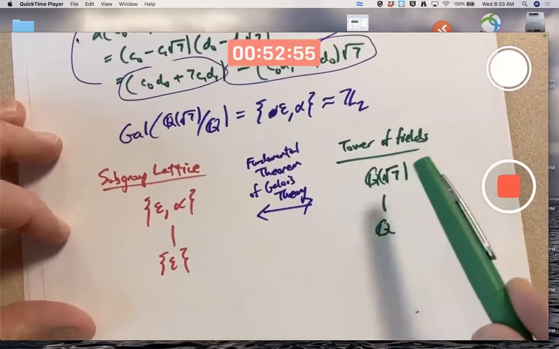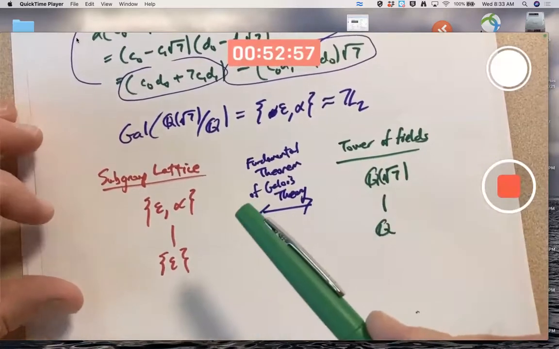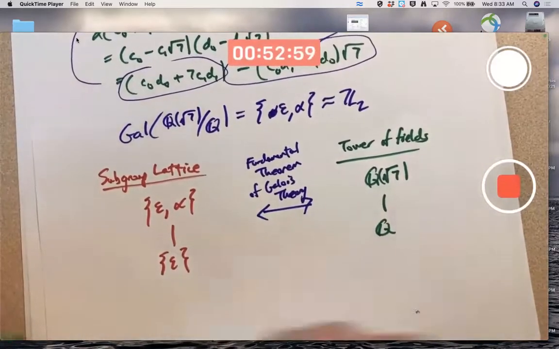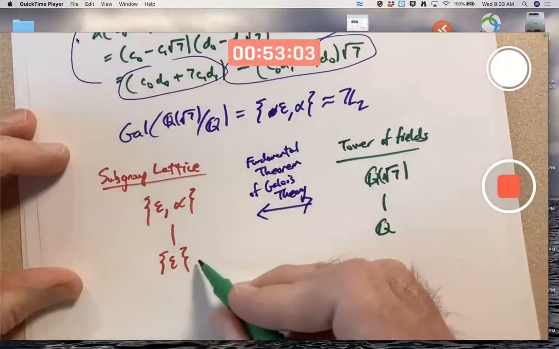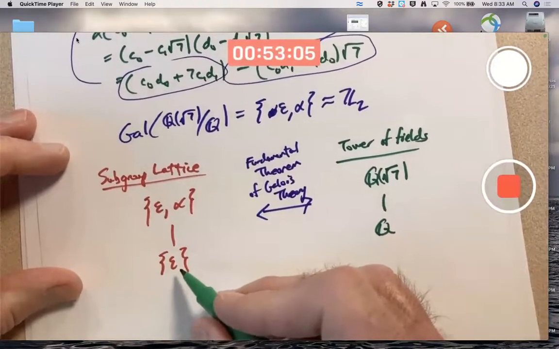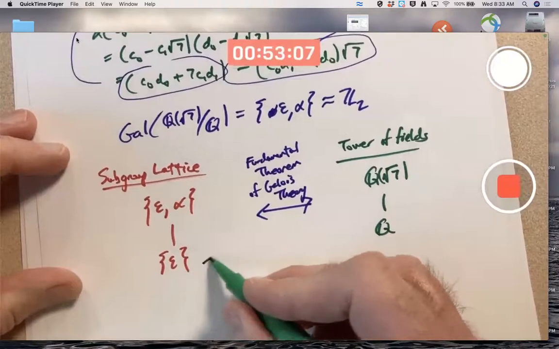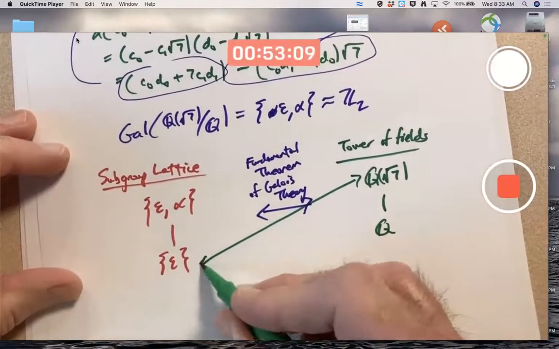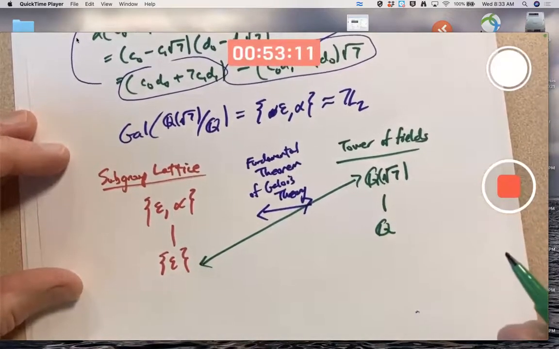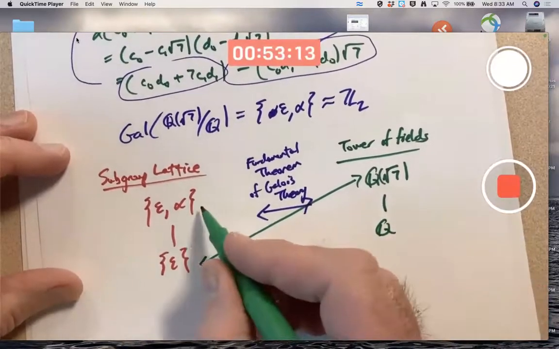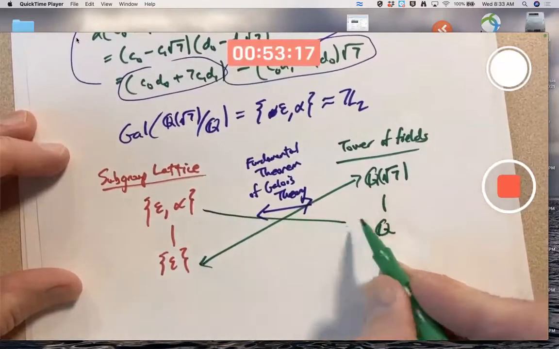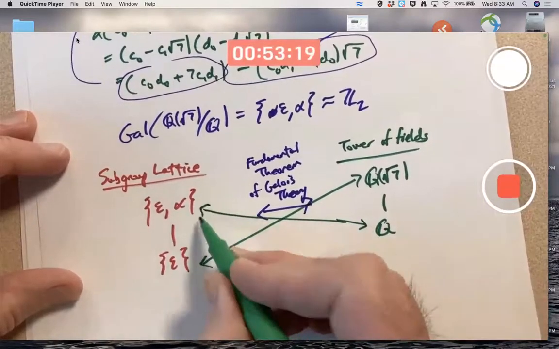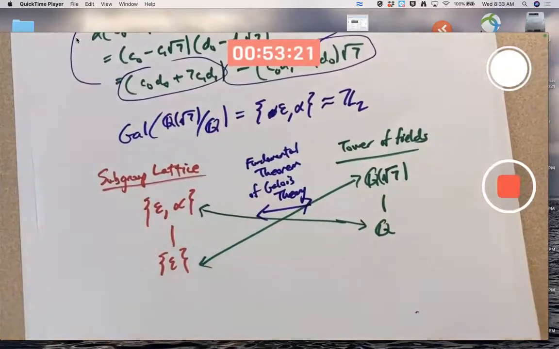Because under this correspondence, the relationship gets flipped. It turns out that the trivial subgroup of the Galois group is in some way corresponding to the bigger field. And the bigger subgroup, the entire Galois group, corresponds to the smaller field. What is this correspondence?